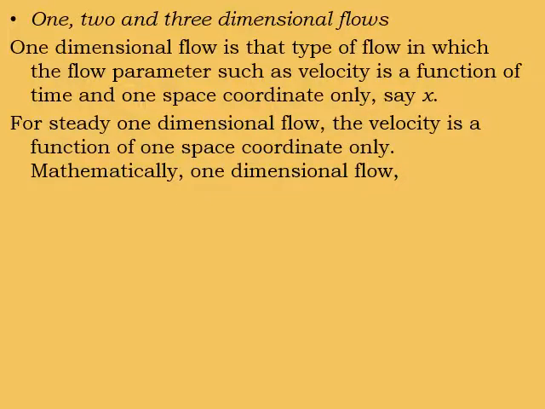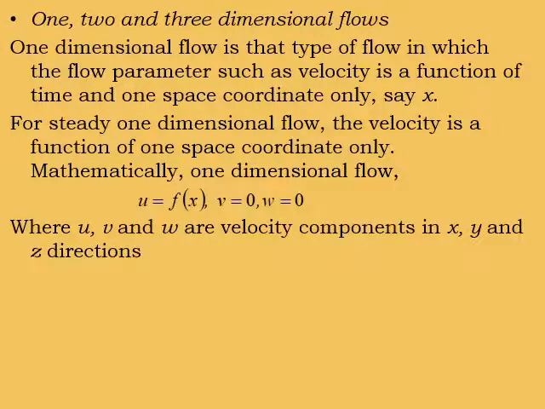Mathematically, u equals a function of x, v equals 0, w equals 0, where u, v and w are velocity components in x, y and z directions. That means in one dimensional flow, the velocity is a function of only the x direction, and the other two directions are taken as 0.